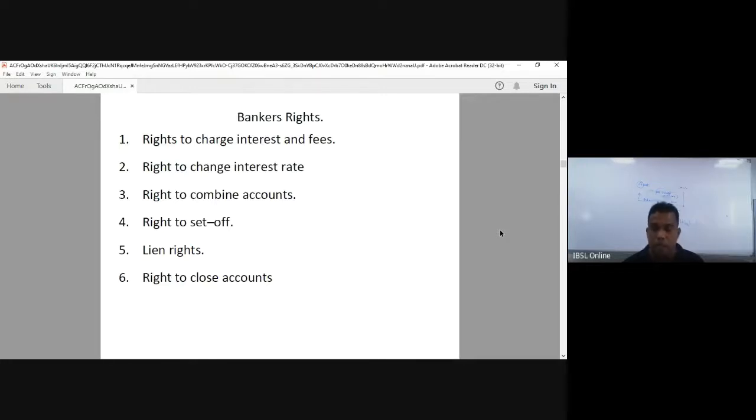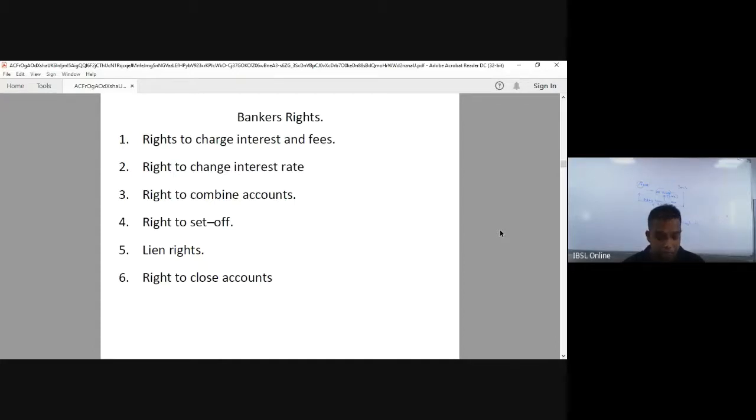Okay, so the next one, the last one, is the right to close the account. The bank has the right to close any account of any customer at any time.